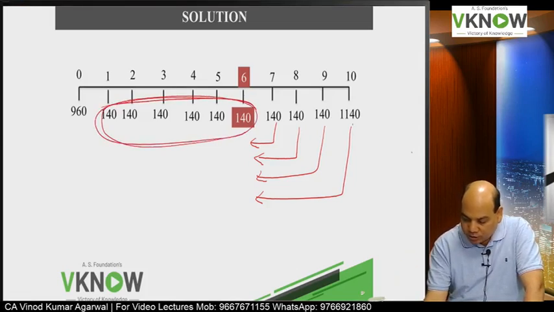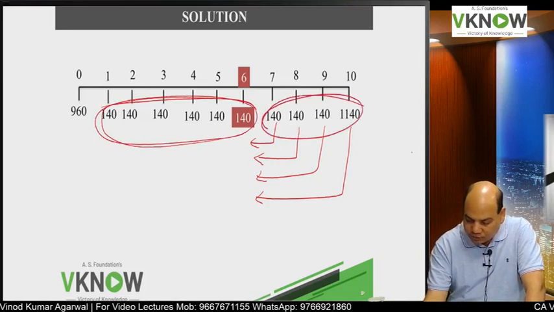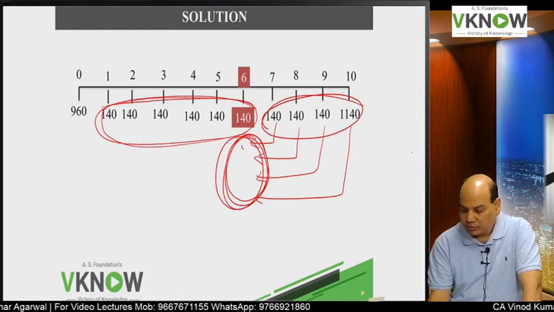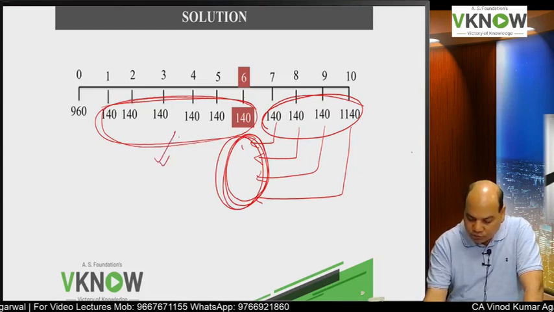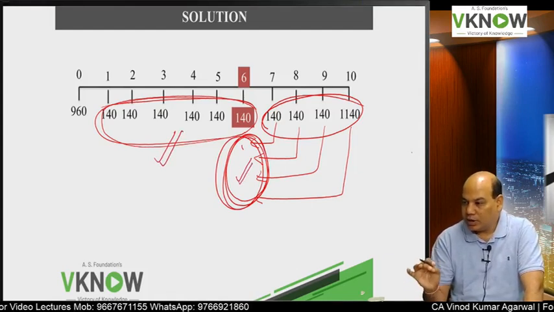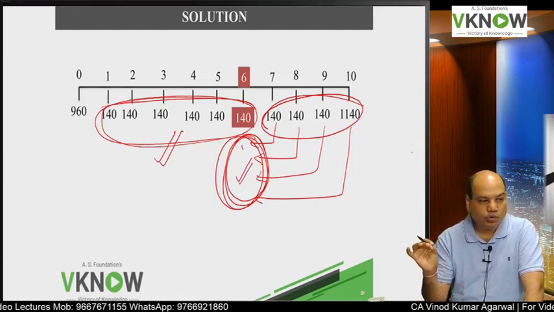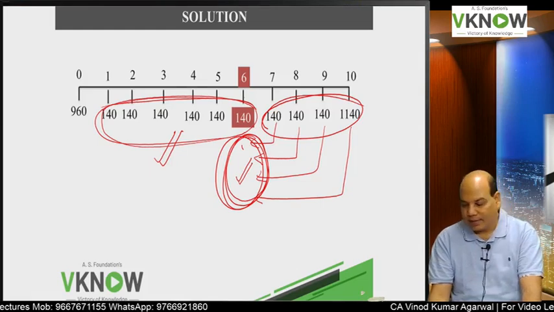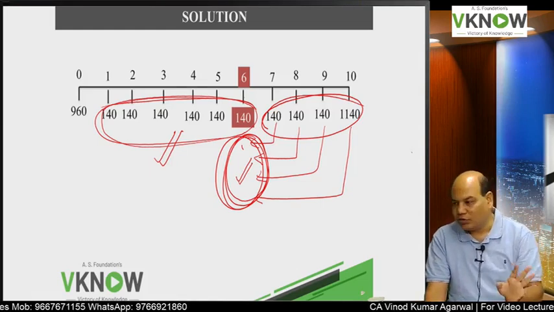Second I have to calculate at what price the bond will trade at the end of year 6. The total of the future value of coupon plus the value of the bond at the end of 6th year will give you the terminal value, and then we'll calculate the realized yield to maturity.